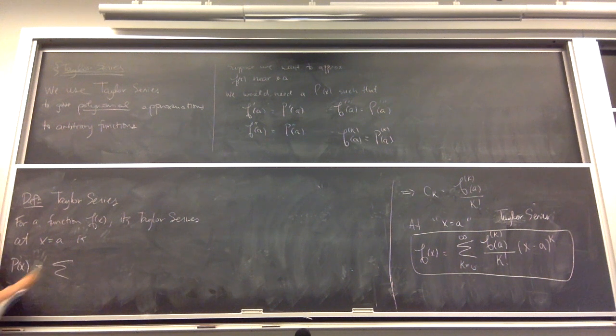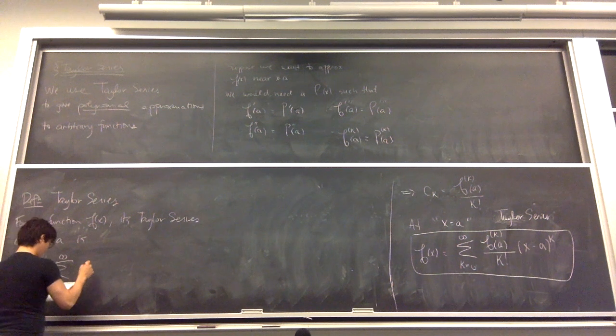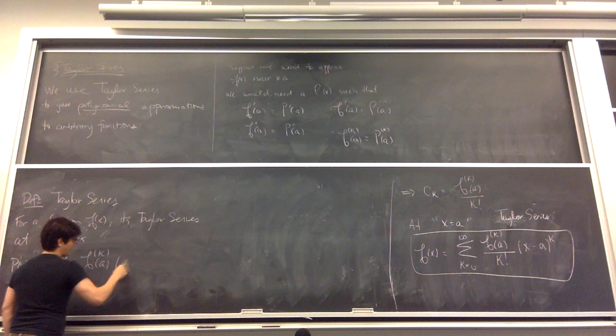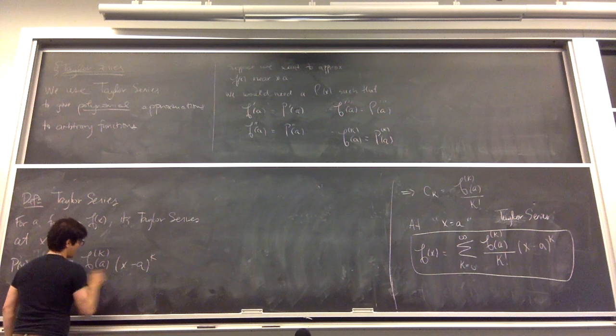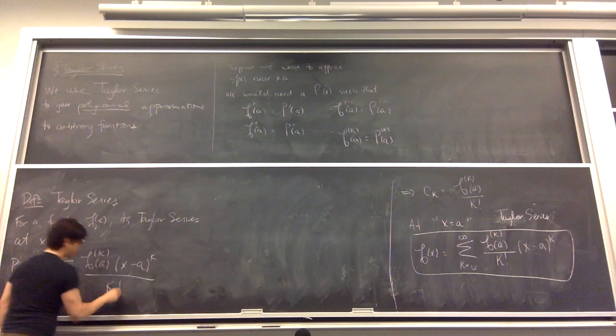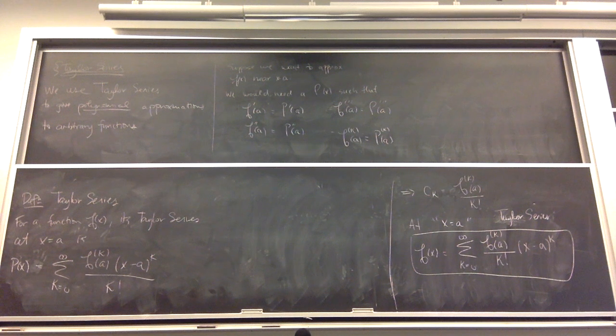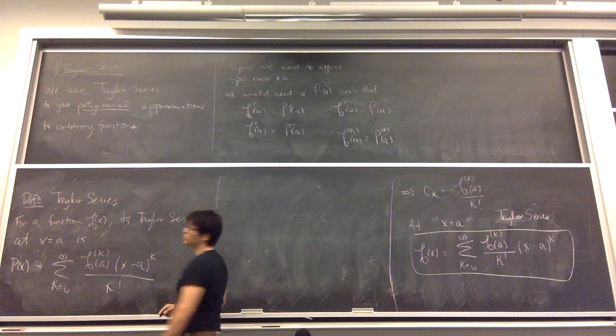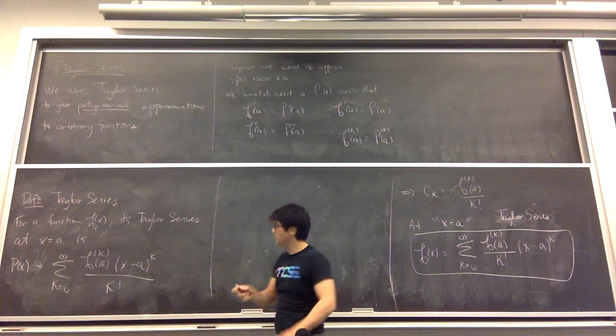It's usually denoted by P. The sum from k equals 0 to infinity of the kth derivative of f evaluated at a, times x minus a to the k, over k factorial. Okay, that's a power series. Well, actually it's both, but yes, in this case, Taylor series.